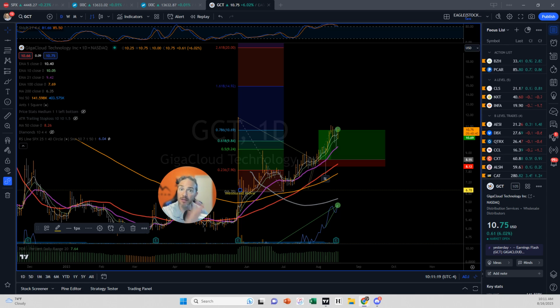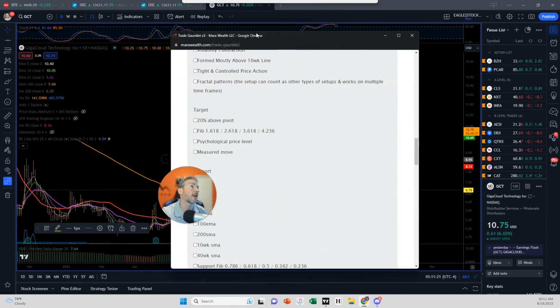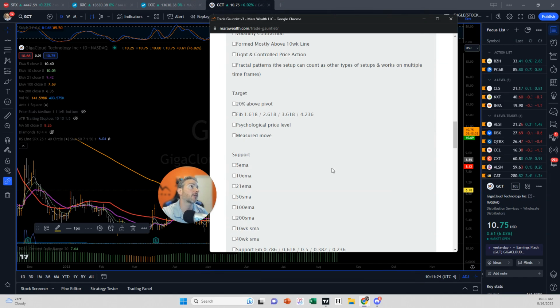I take these targets and I'll also enter them into the trade gauntlet. Because there's quite a bit of art, right? Like, so there was a little bit of science in some of it, but a lot of it had to do with art.